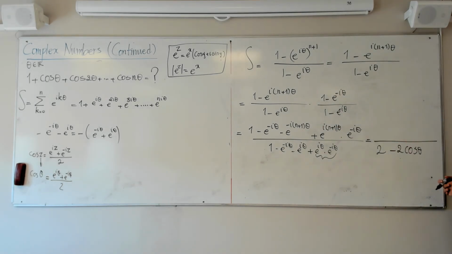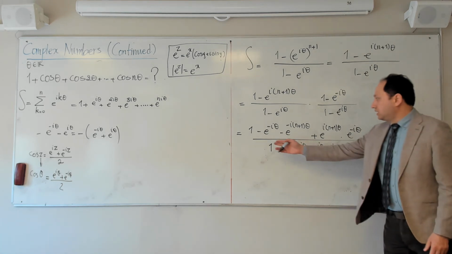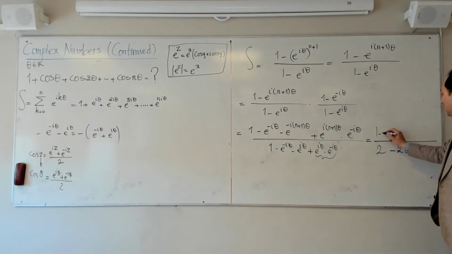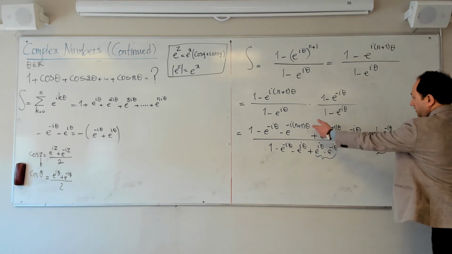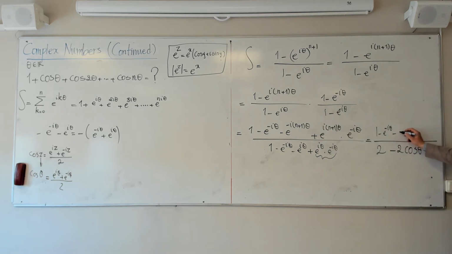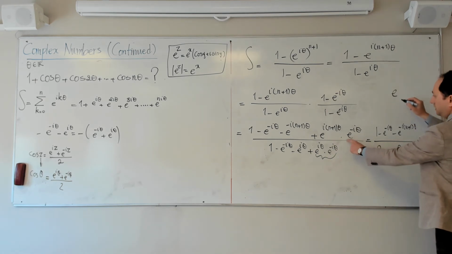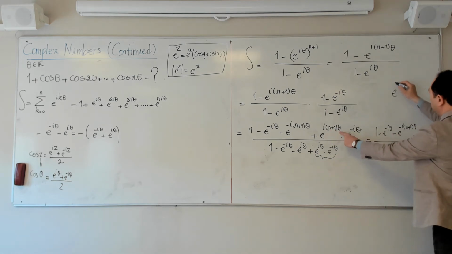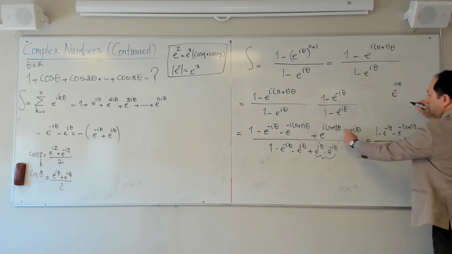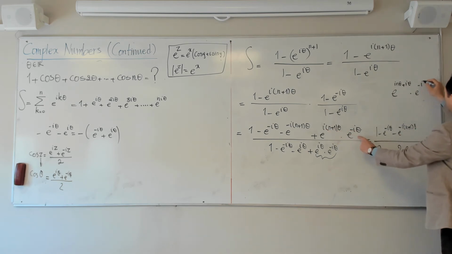And in the numerator, let us see what happens. I can write 1 minus e to the power minus i theta. I cannot do anything here, so let me just write it down. And then what can I write here? I am multiplying them, so I should write e to the power i n theta, multiplying, and then i theta, and then e to the power minus i theta.